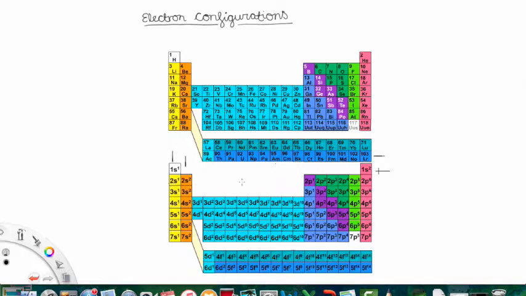So you go from s to p, back to a larger n value, which is a higher value in energy, and now moving on to the 3p level. And so you're going to look at this going from 1s1 to 1s2, 2s1, 2s2, 2p1, 2p2, 2p3, etc., just snaking around in this pattern.